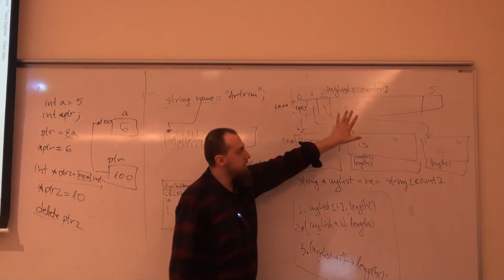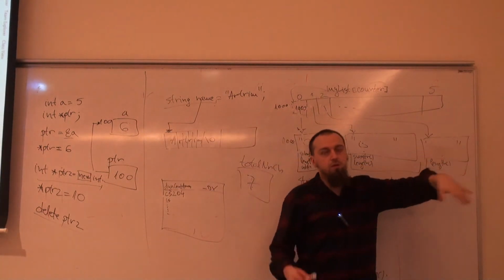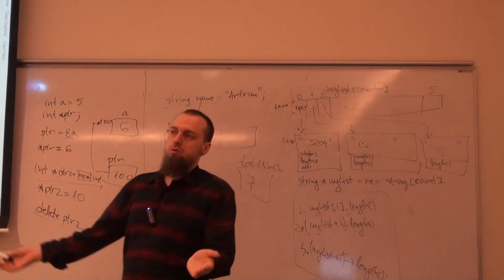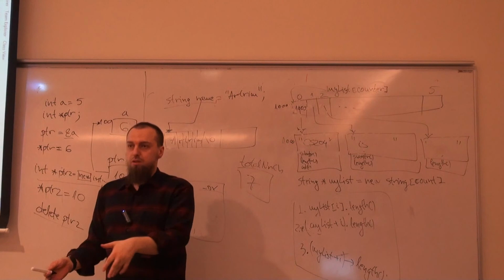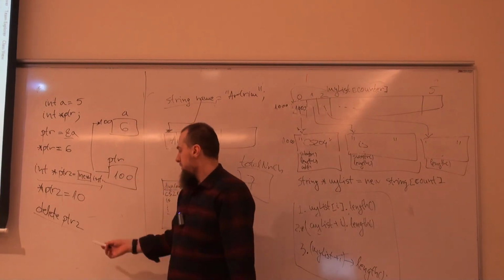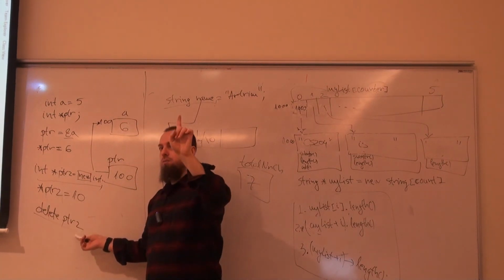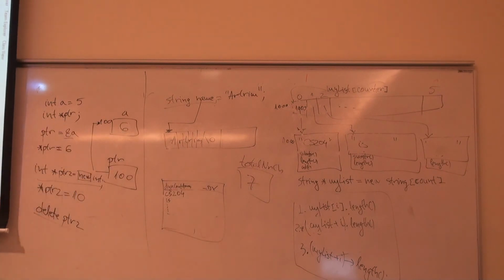So this will be deleted, this will be deleted, this will be deleted. The memory will be freed, so another program or another user can use this memory. Is this clear? Okay. With delete PTR, we delete only one element. With delete brackets my list, we delete an array to which those pointers are pointing.